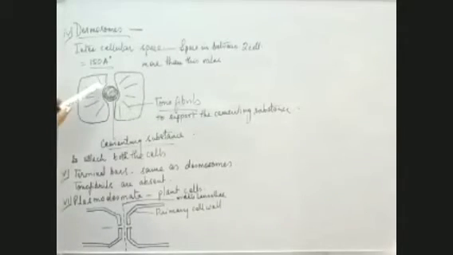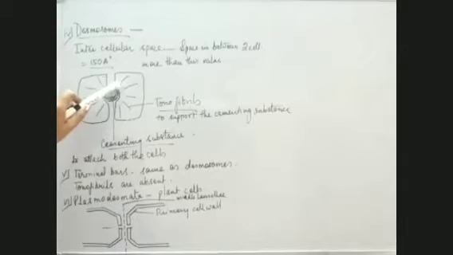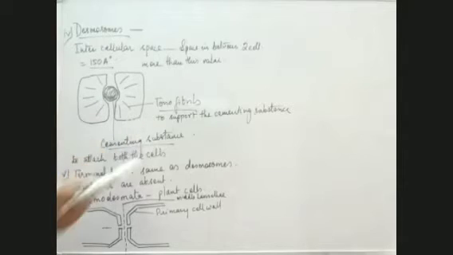This is released by the cytoplasm of this cell and the cytoplasm of this cell. So this is the cementing substance which is released.